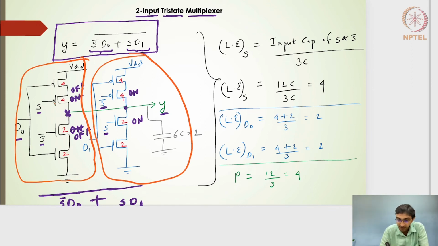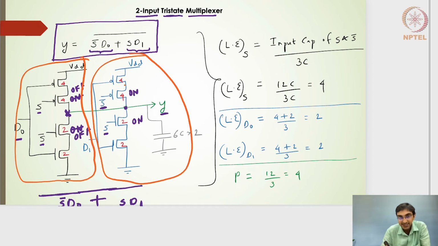Similarly, we should be able to design this branch too, very similar. So I will have 4 and 4 and 2 and 2, so that in the worst case condition, this will be off and then this will be on, and when this is on, this particular path will be off.